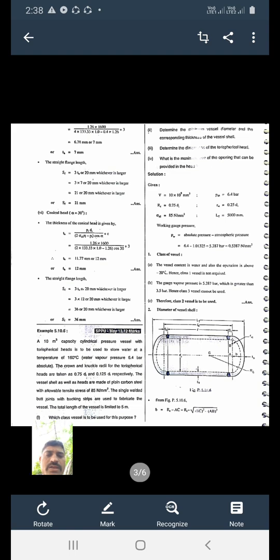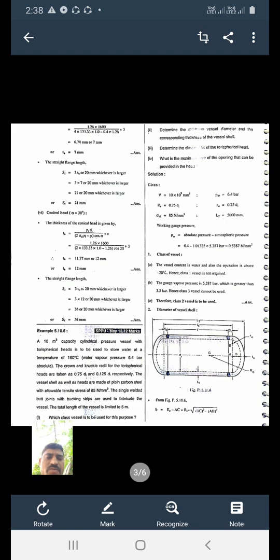Then we want to determine the diameter of the shell. How to calculate? I have shown it in the figure. From the figure we want to calculate the width of the pressure vessel. B is the width of the pressure vessel. How to calculate? RC minus AC. We have seen this in the last lecture on the torispherical head, where we use Pythagoras.